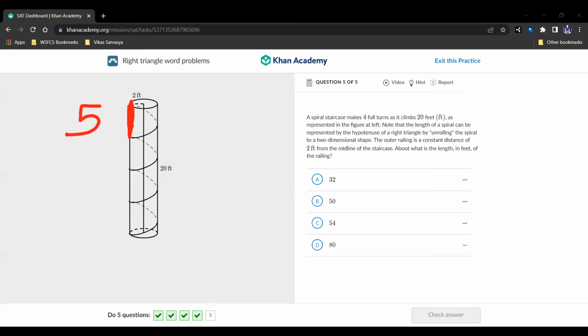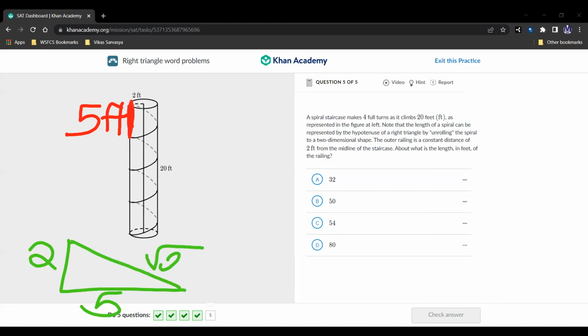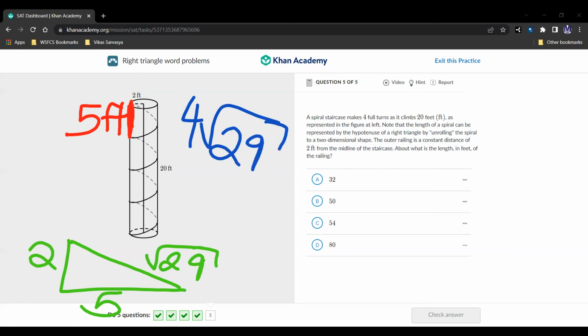And the length of the spiral of the railing is going to be the hypotenuse of this triangle, which has legs of 2 and 5. By the Pythagorean theorem, this length here is going to be the square root of 29. And this is for each of the 4 turns. This is going to be 4 times the square root of 29 for the whole thing.